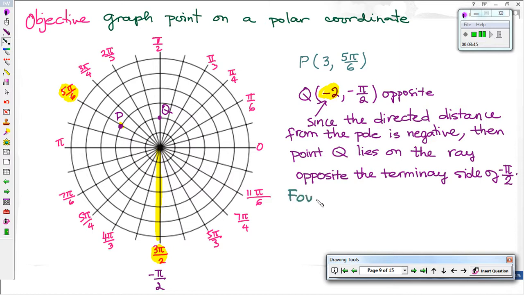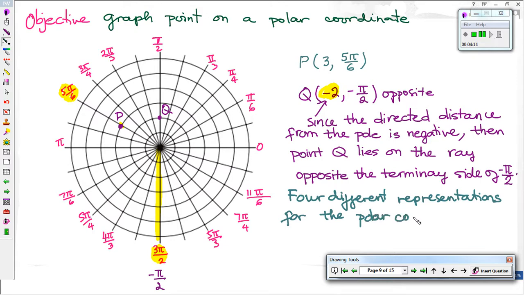I'm going to make a note right here: 4 different representations for the polar coordinates of point N. Point N is 5, 3 pi over 2. So first of all, let's go ahead and locate point N.